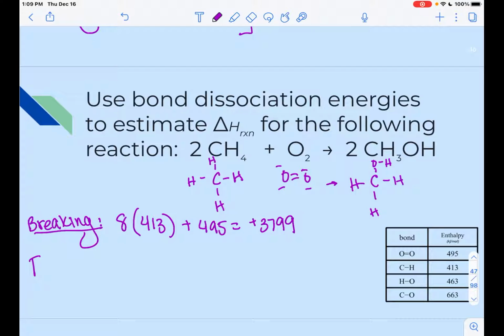And then for our forming, we kind of have a lot going on here. So we're going to have 3 CH bonds. But also keep in mind that you have 2 molecules of this. Okay, so 3 CH bonds, but since there's 2 molecules, we'll do 6 CH bonds.